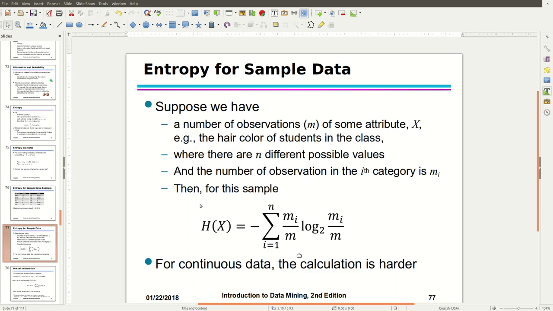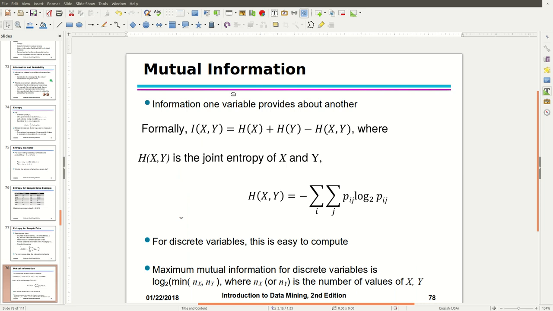For continuous data, the calculation is a bit harder. Summations obviously are going to be functions and integrations. We could be provided with information from one variable and use it in another one. So information one variable provides about the other one is the case where we have mutual information.